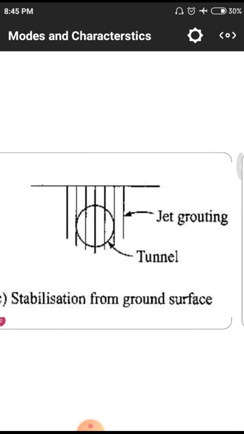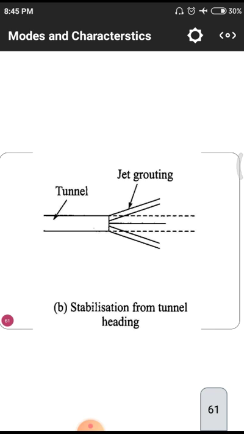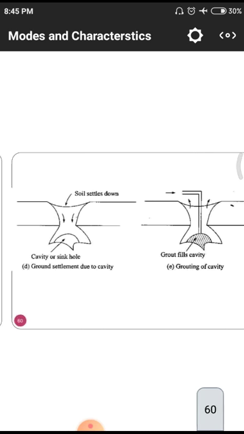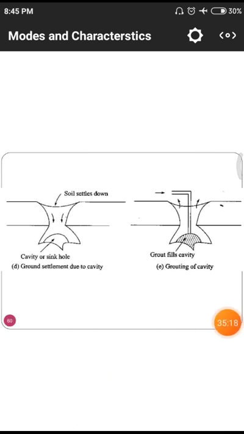Here some jet grouting to the tunnel below the ground level. At the entrance of the tunnel they are using this jet grouting. Okay, all those are different case studies we have to observe. Those case studies simply give much knowledge on these grouting techniques.